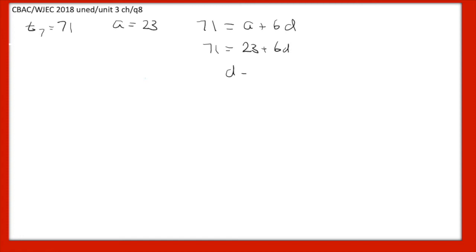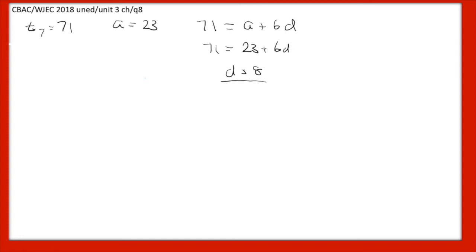So I've got that my last term T7 was equal to 71. I know that a is now 23, and I know that the 7th term was a plus 6d, so therefore 71 is equal to 23 plus 6d, which quite happily gives me that d is equal to 8.